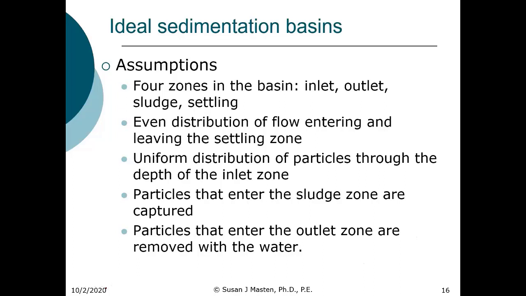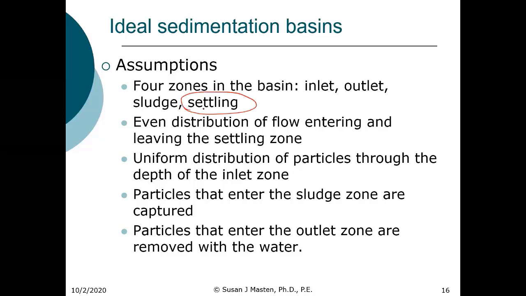So moving into how do we actually use this in a water treatment process in the actual plant. We approximate sedimentation basins using this approach here, where we're assuming that there are 4 zones in the basin: an inlet zone, an outlet zone, a sludge zone, and a settling zone.